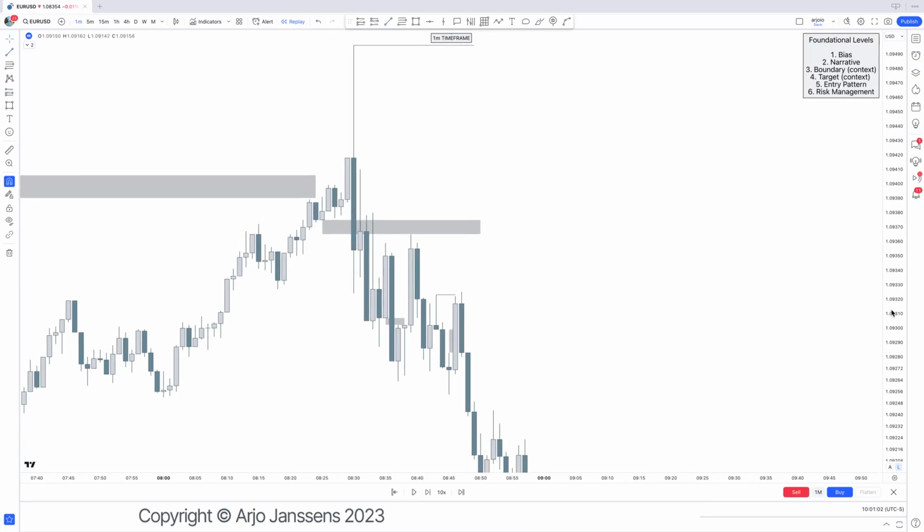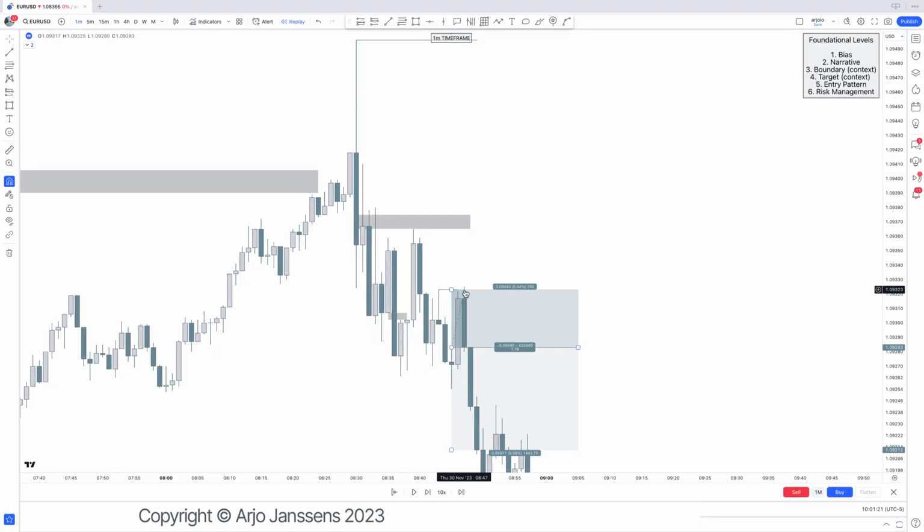So if you were to enter off of this right there, which is a completely valid entry, you are not covering this high right there simply because it's not protected, because there's a 5 minute fair value gap right there. Now, we did not come into the 5 minute fair value gap, but that is when you can see price action like this, where we're sweeping legs with fair value gaps in them.